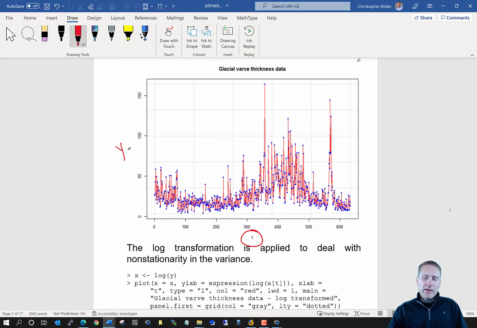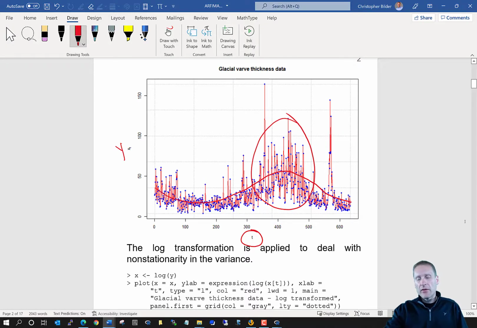And what we can see here over time is that we have a little bit of trend going on. Also, we see that we have some extra variability in certain segments of the data. And so for that reason, Shumway and Stoffer said, hey, let's go ahead and work with the log transformation.